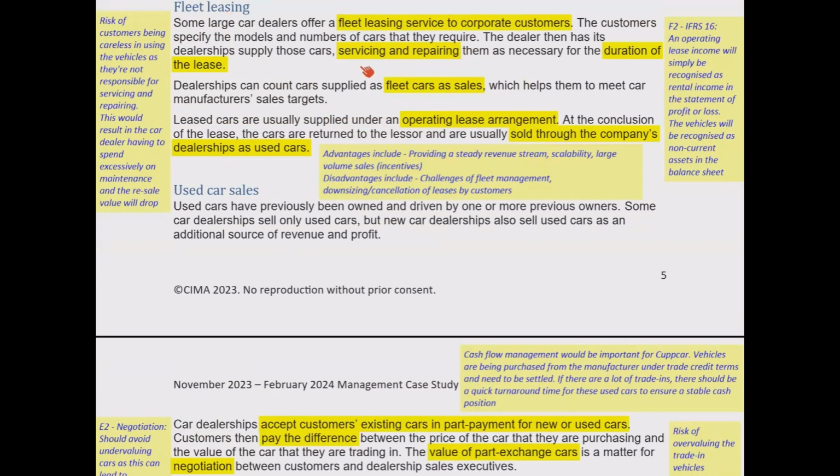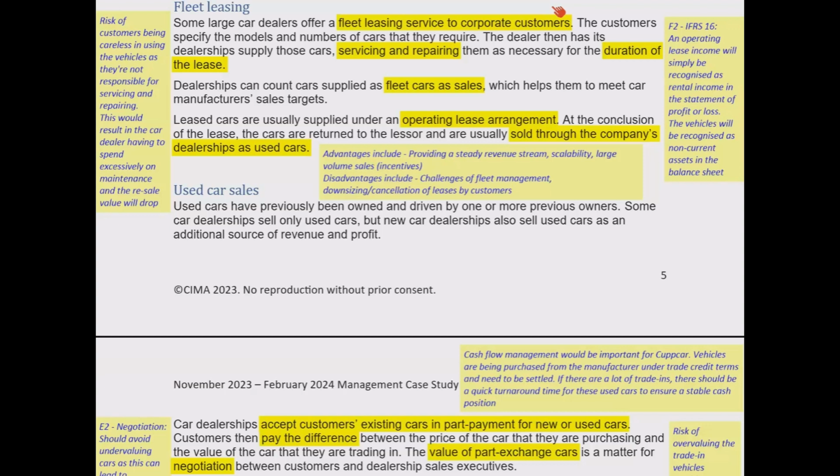I was actually thinking about this and thinking that it might be worth, if Cuppcar got a big contract here with a big corporate customer, depending on the location of the corporate customer, Cuppcar actually building a separate dealership just to provide the services that this corporate customer needs.